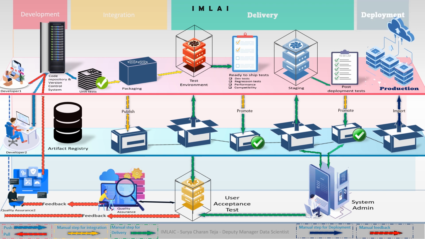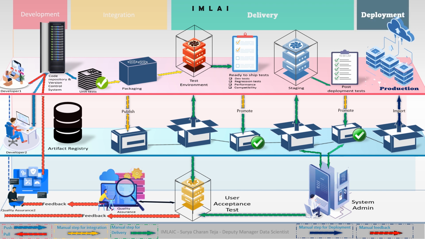Hence, this can be used by the external world. A production server is nothing but exposing our healthy application to the external world. So with this, we have finished with development, integration, delivery, and deployment.